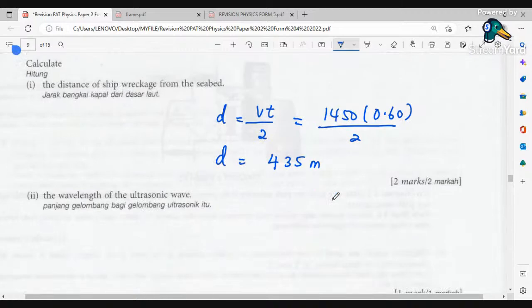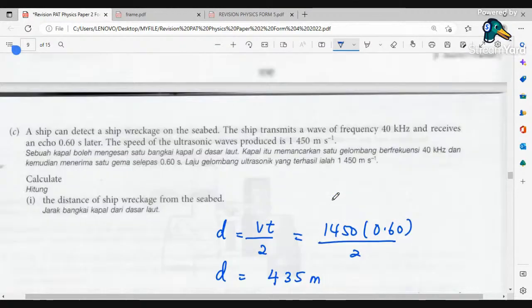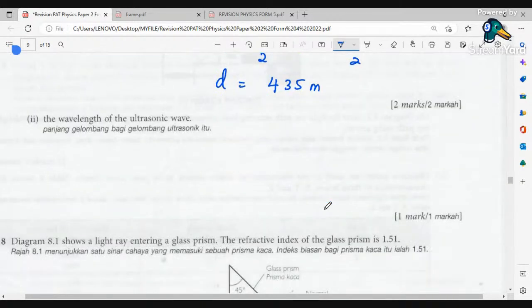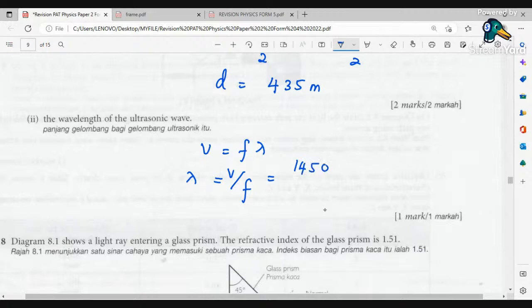Soalan kedua, wavelength of ultrasonic wave. Given frequency F 40 kilohertz. So using the formula V equals to F lambda. So wavelength lambda equals to V divided by F. V already given the speed, 1450 divided by frequency 40 kilohertz.